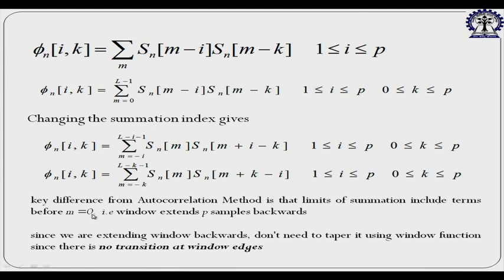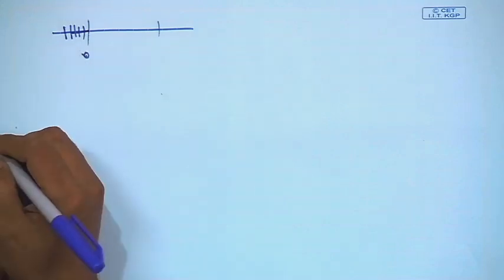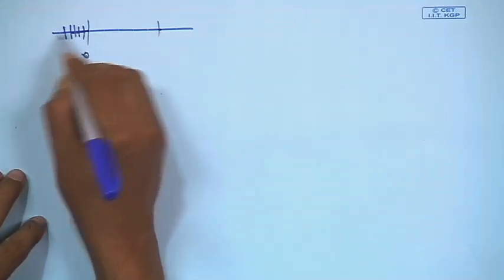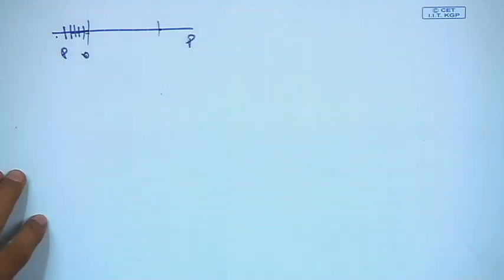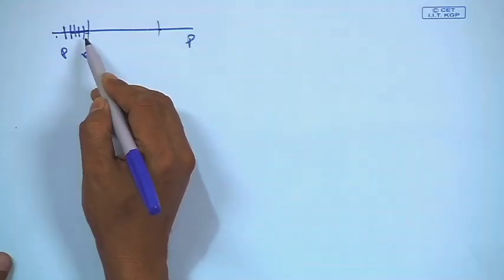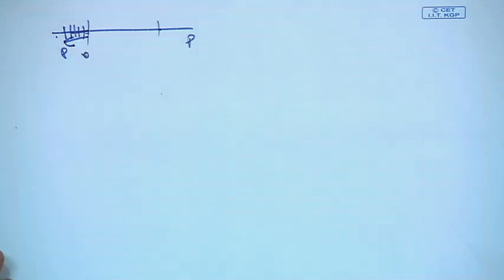So, if the order is p, instead of 0, I would consider the previous samples also. If the order is p, p number of previous samples I have to consider. Tapering of the window does not matter here; whatever window function I use, p number of previous samples is required in this analysis.